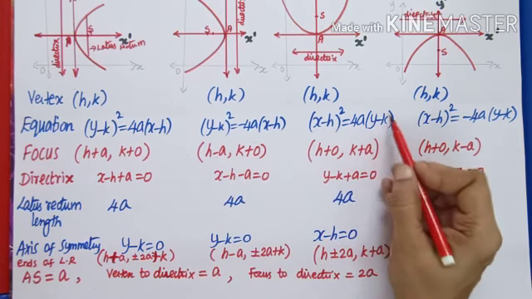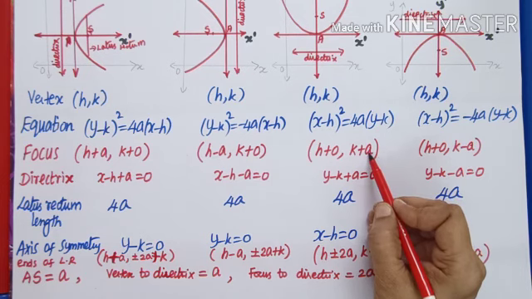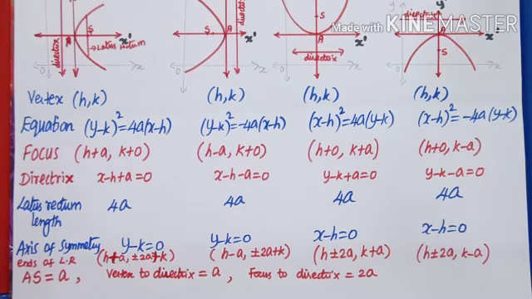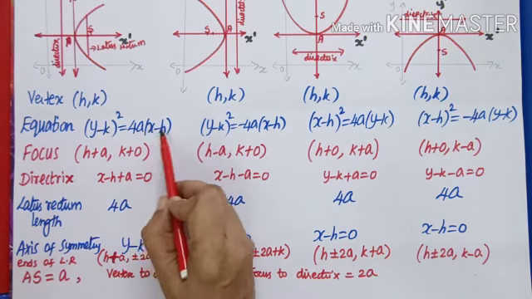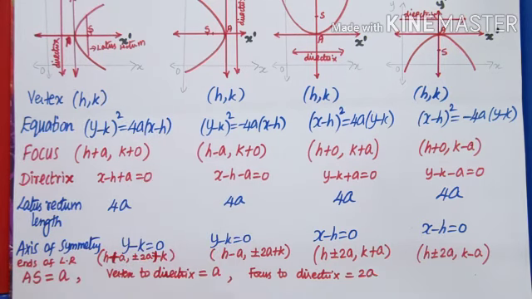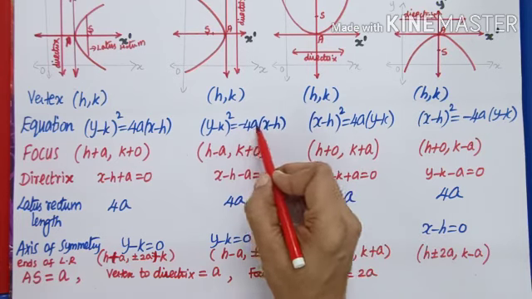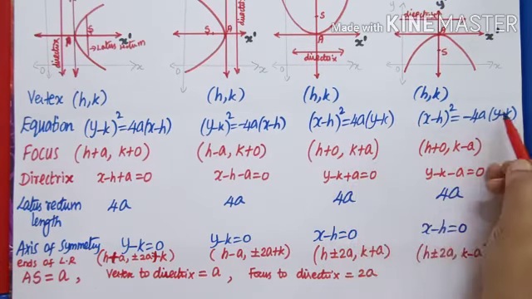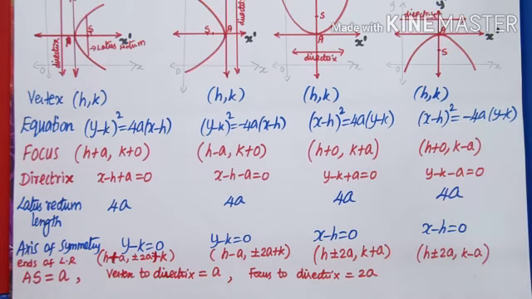Here y is coming, so with y you put plus a and with y you put minus a. For the directrix: x minus h plus a equals 0, x minus h minus a equals 0, y minus k plus a is 0, and y minus k minus a is 0.